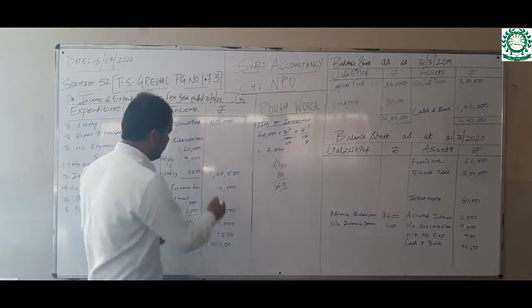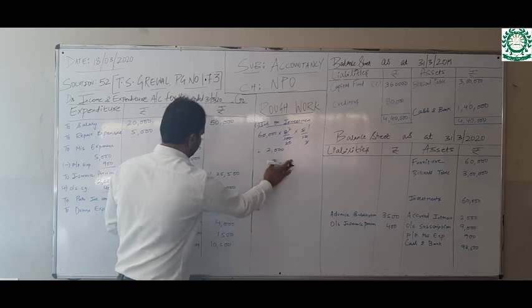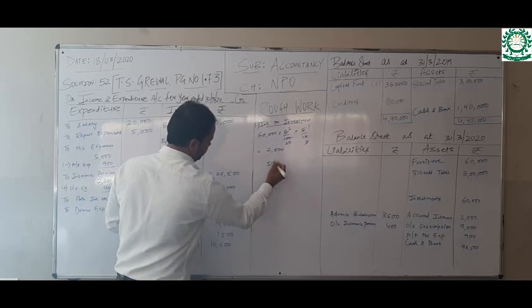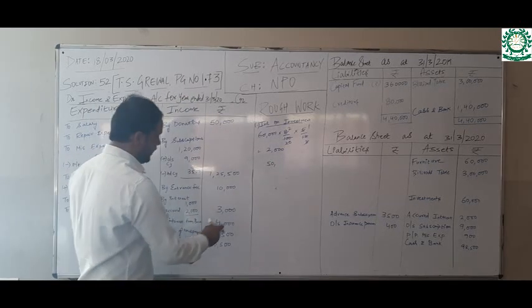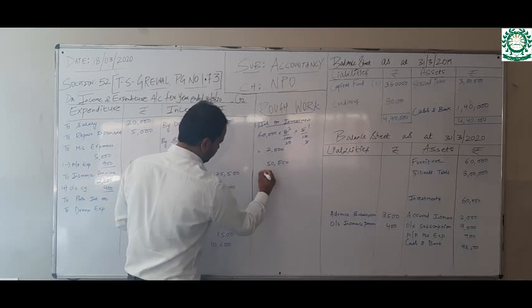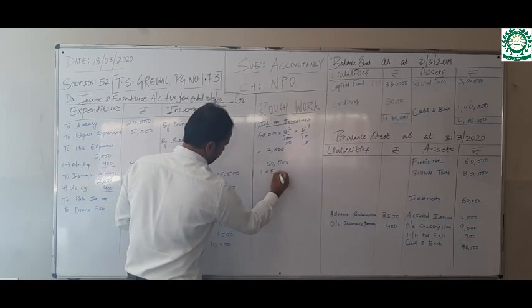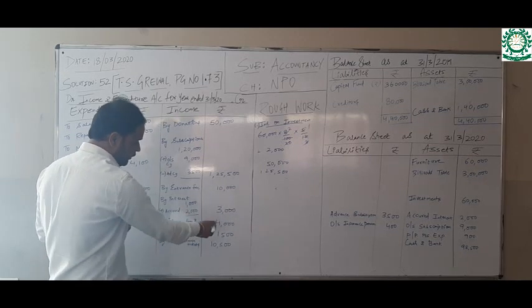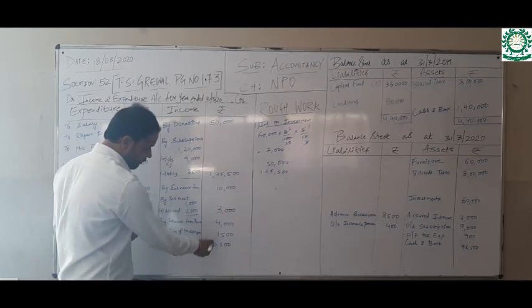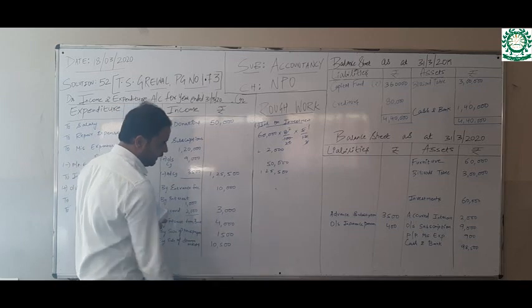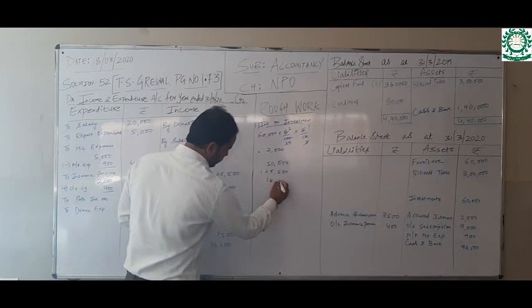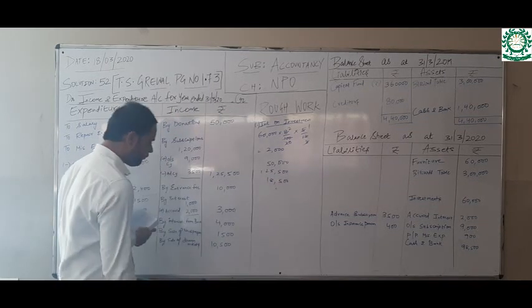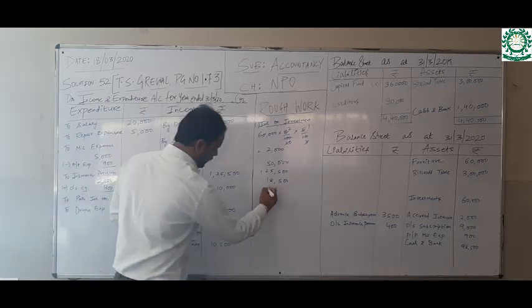If we go for the totaling 50,000, 125,500, 18,500, and lastly 10,500.